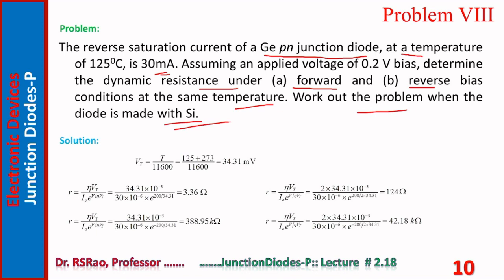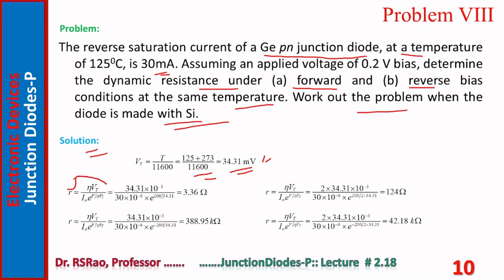Now the solution. Vt is T by 11,600, and at 125 degrees centigrade, it is (125 plus 273) divided by 11,600. It turns out to be 34.31 millivolts. Now, dynamic resistance.